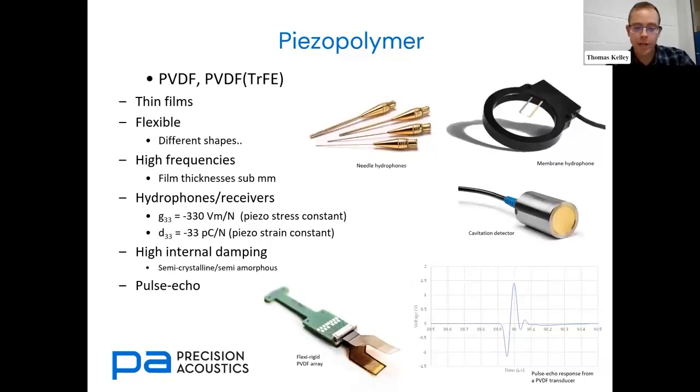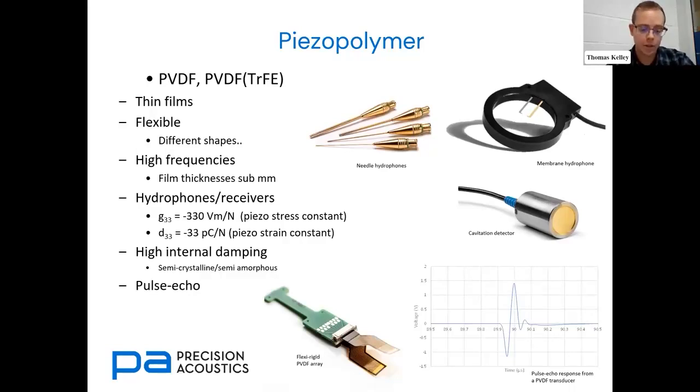Having brushed past piezo ceramics fairly swiftly, I will talk a little bit about piezo polymers, as they're a little bit less well known in comparison to piezo ceramics. We're going to talk particularly about the piezo polymer PVDF, or one of its copolymers there next to it. It's typically a thin, flexible polymer film, which can be made to exhibit piezoelectric properties, so we can use it in piezoelectric ultrasound transducers.